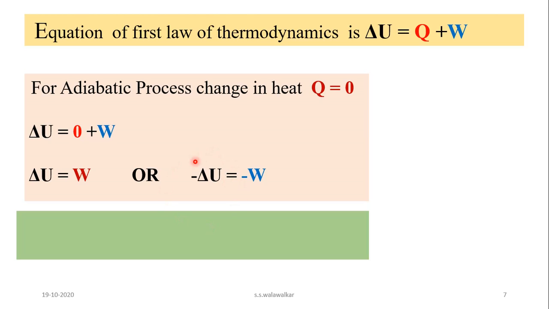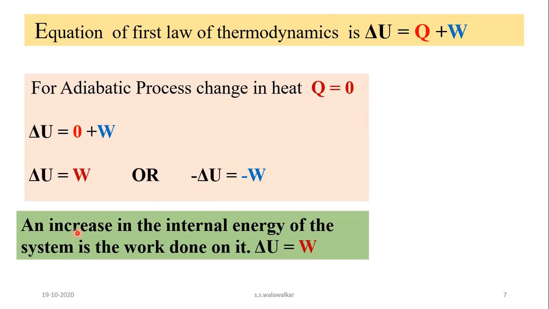So here an increase in internal energy, that is plus delta U of the system, is the work done on it. That is delta U is equal to W. So whenever work is done on the system, then internal energy of the system increases.